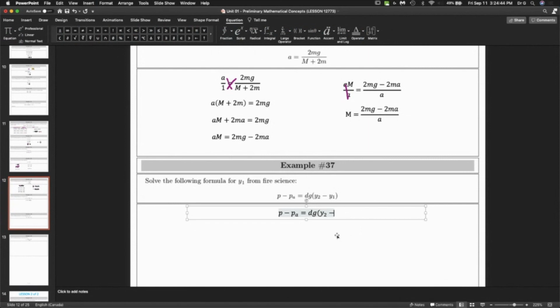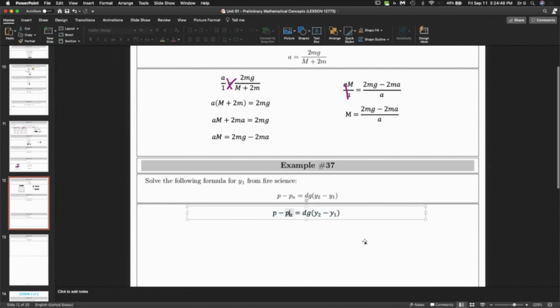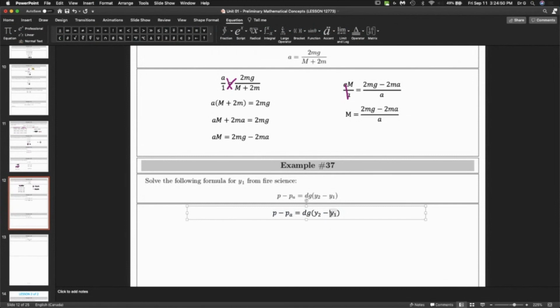So I'm going to do this question as economically as possible. See, the thing is, you want to get y1. So what I'm going to do is work from the outside in. I'm going to try to get rid of the d and the g first because they're on the outside of the bracket. I'm going to divide both sides by dg.